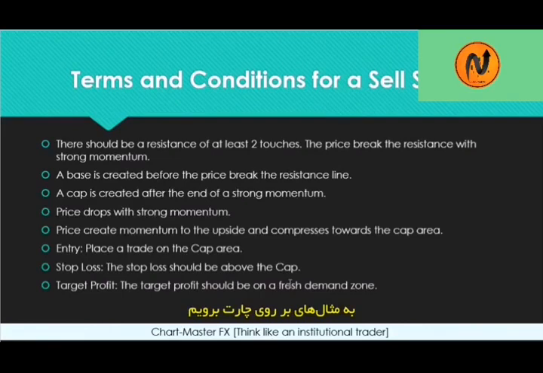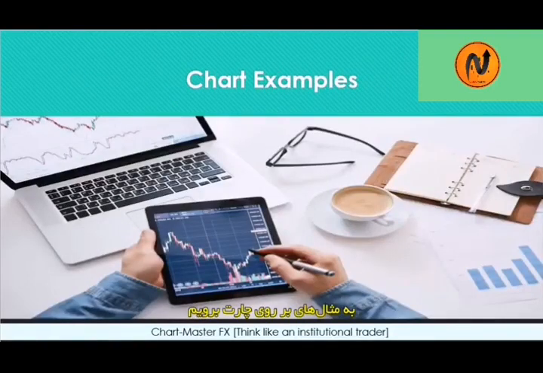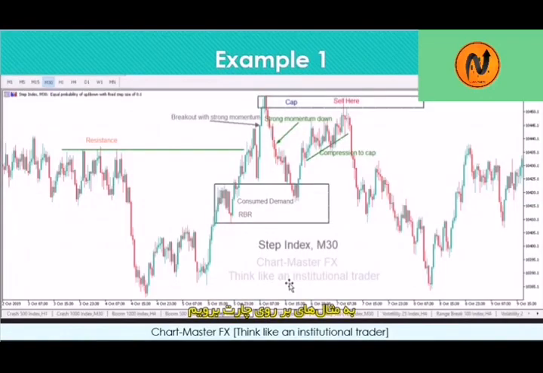So let's go straight to the examples. Example number 1, guys, we are on Step Index M30. As you have seen before, I actually trade volatility indices, Boom and Crash, and Range Break.